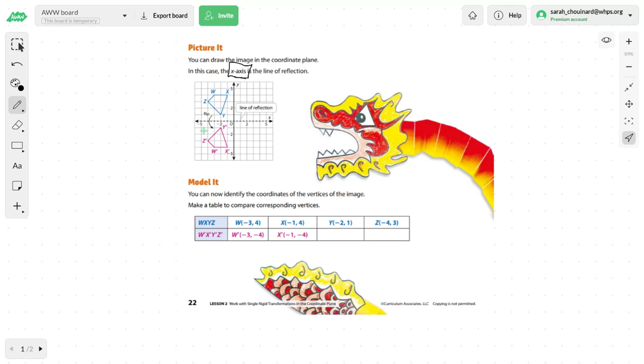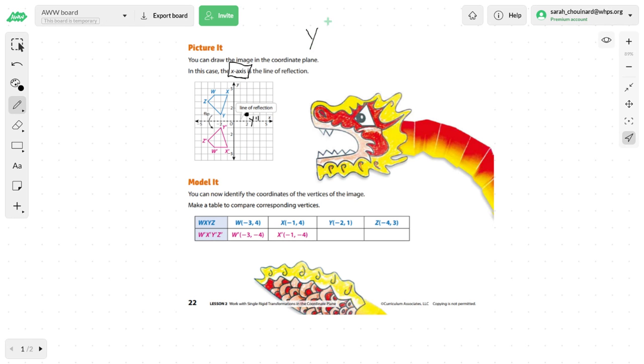Let's actually try the reflection over the y-axis. So we're going to do that, and then we're going to look at our table of values. So if I wanted to go over the y-axis, y right now is 2 units away from the y-axis, so I need to go 2 units in this direction. And so let's call that y double prime.